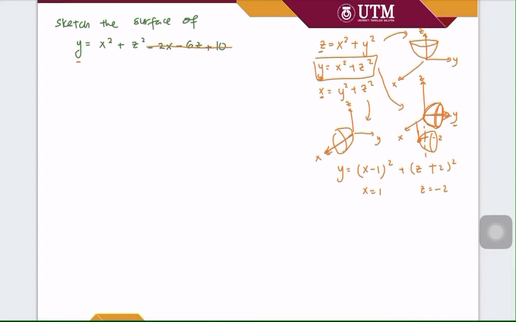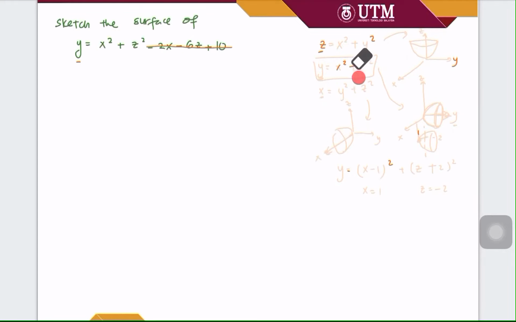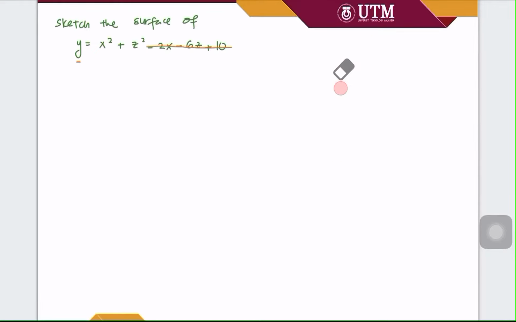Now let's sketch that one. Of course we need to modify this equation first because it's too long, right? How do we modify this?